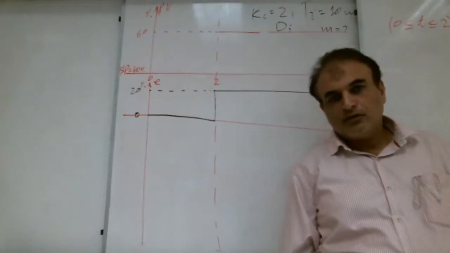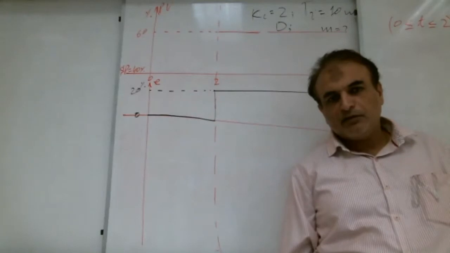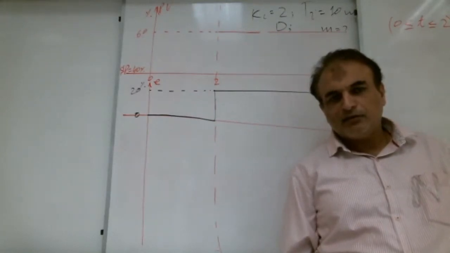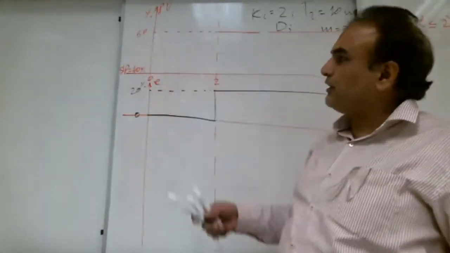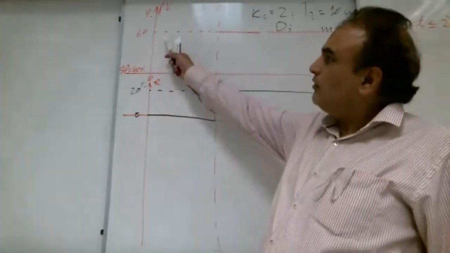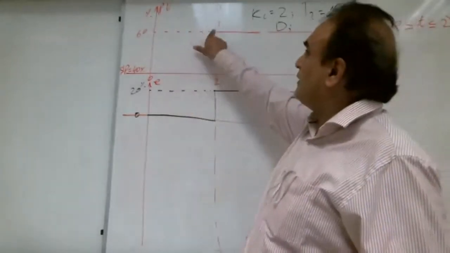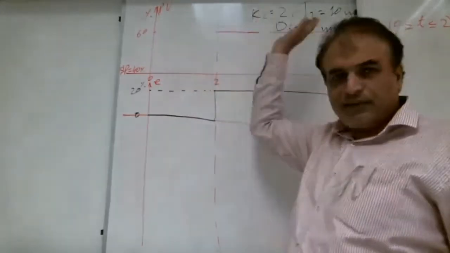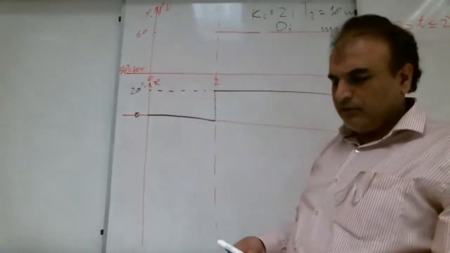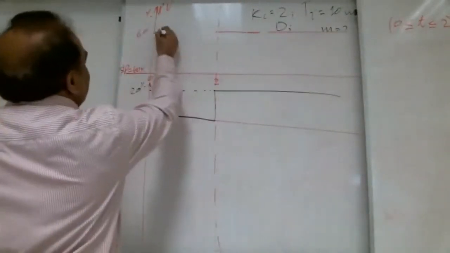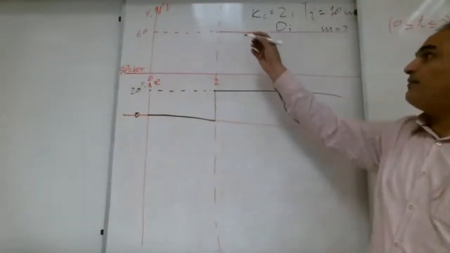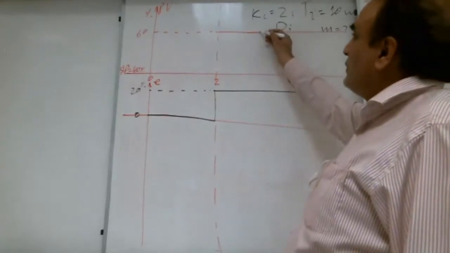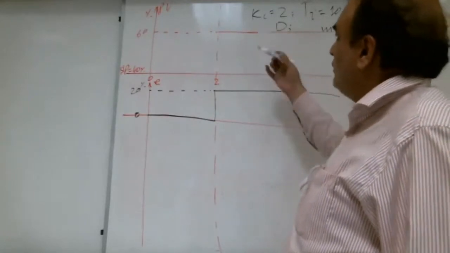Brothers are writing 40. Where is 20? This is 40, this is 60, there is no 20. This dotted line does not have any value. It is just a reference. Only the solid line has the value. With me, brother?